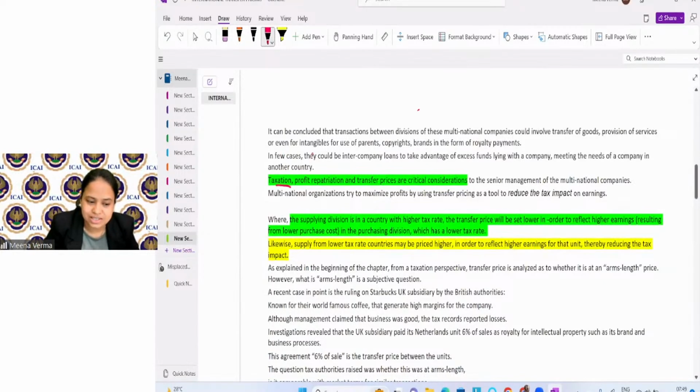Taxation, we consider the taxation. Profit repatriations and transfer price are critical considerations to the senior management of multinational companies.